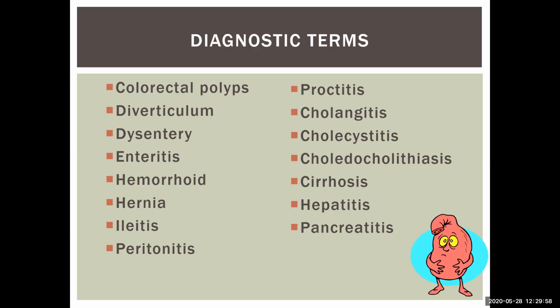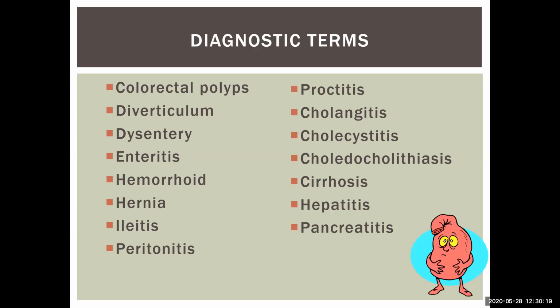We're not sure why. Dysentery would be inflammation of the GI tract by frequent bloody stools, most often from bacteria or protozoa, which would be some kind of amoebic, so bugs, if you will. And enteritis would be inflammation of the small intestine.